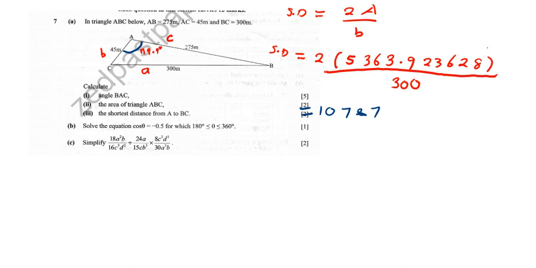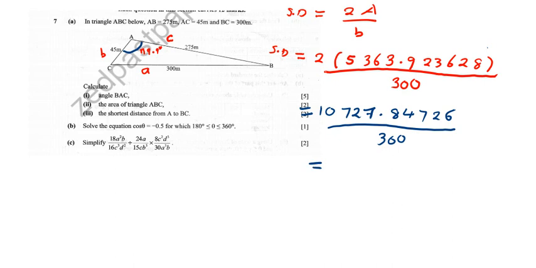When you multiply, we are getting 10,727.84726 over our base, which is 300.